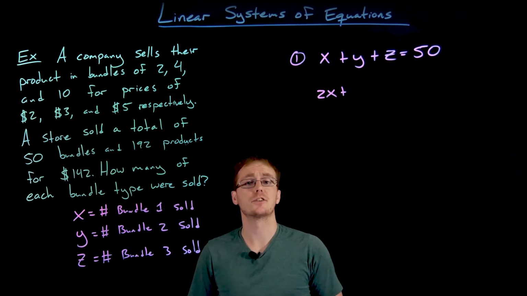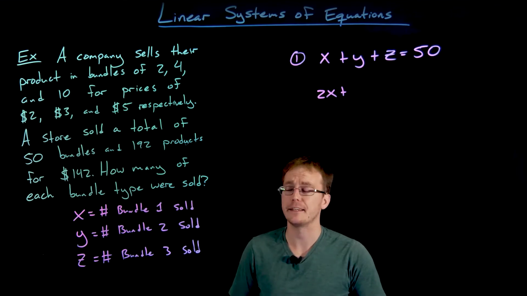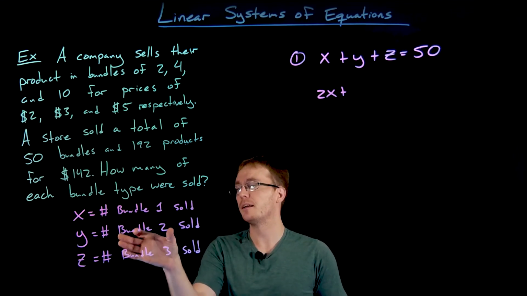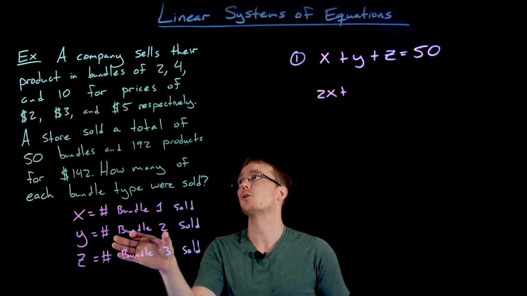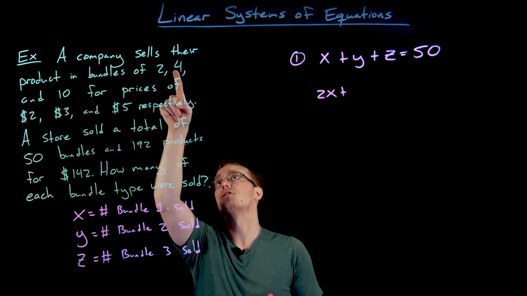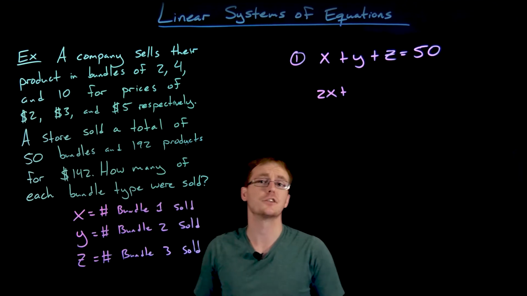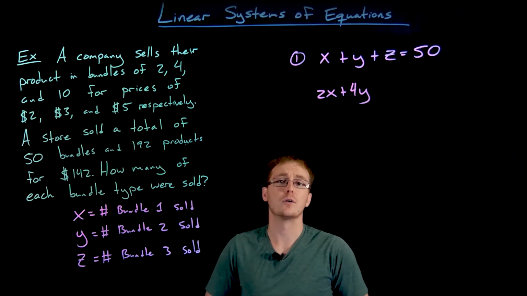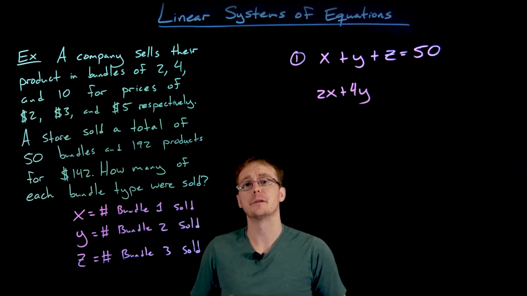The next piece of our second equation, that term we have to add in, is going to have to take into account the number of products that are coming from the number 2 bundle type being sold. Well, we're going to sell Y of these number 2 bundles, and each of those number 2 bundles contains 4 products. So 4Y will count how many products were sold by the second bundle type.